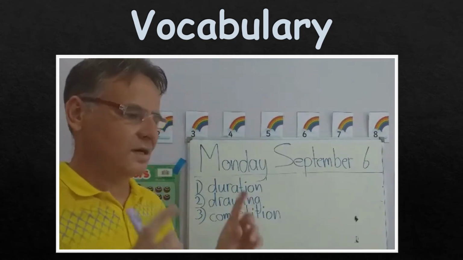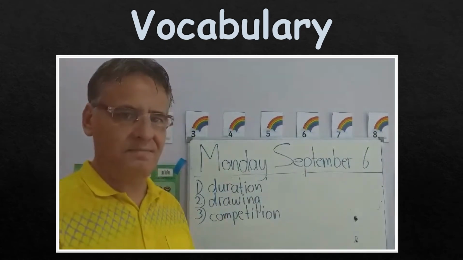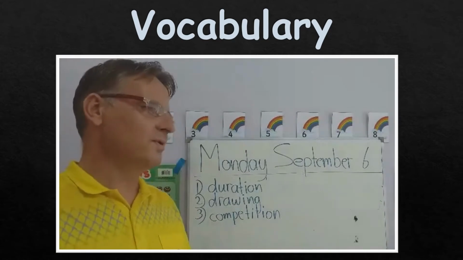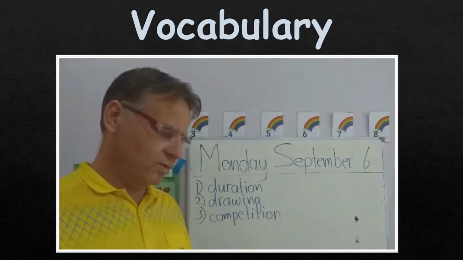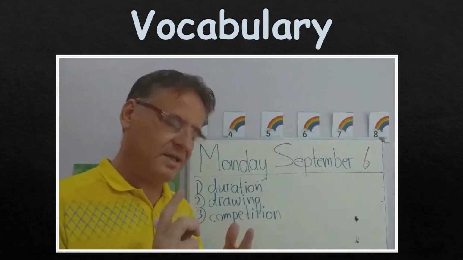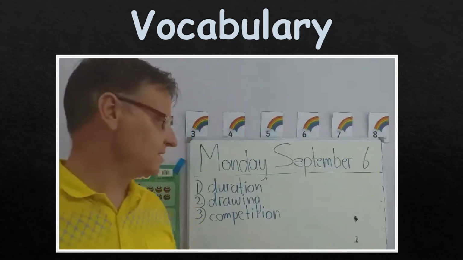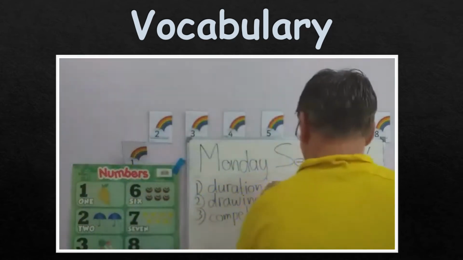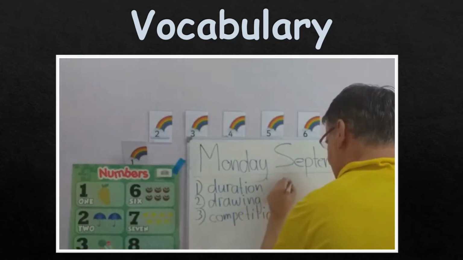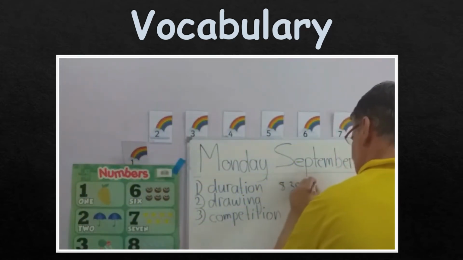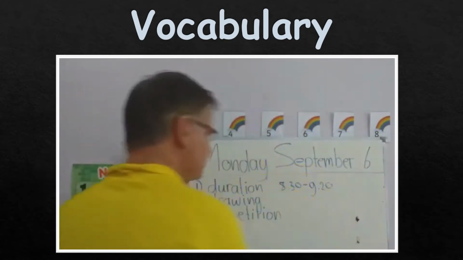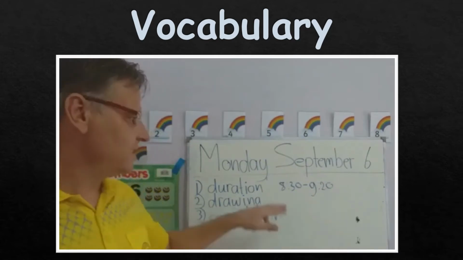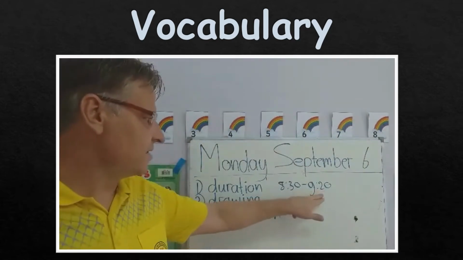Duration is a certain amount of time. For example, do you remember when we went to school? We start at 8:30, the first lesson. So let's say our lesson is from 8:30 to 9:20.